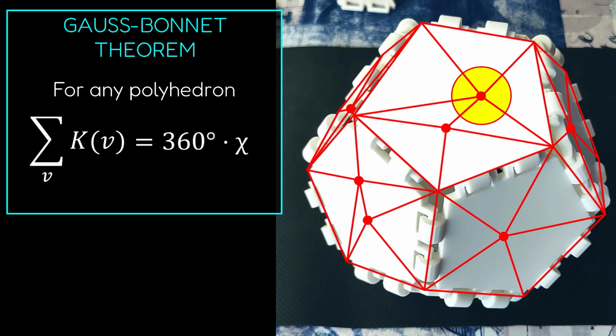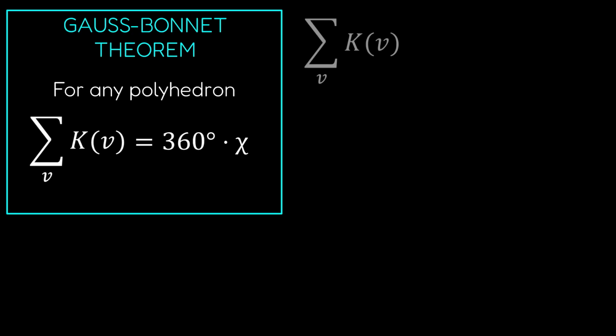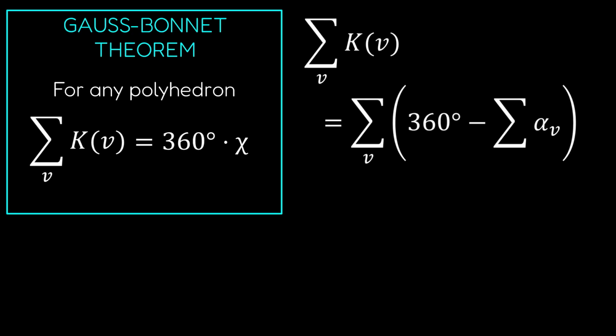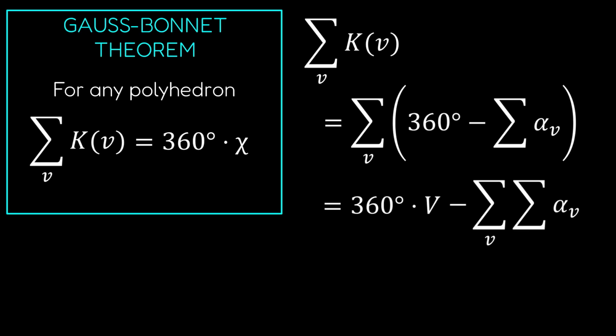Triangulating the polyhedron gives us an important advantage. If we replace the definition of the angular defect inside the sum, we obtain one full angle for each vertex, minus the sum of all the angles appearing in the faces of the polyhedron.